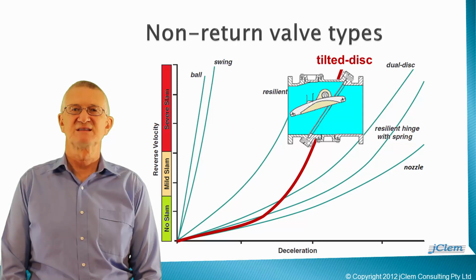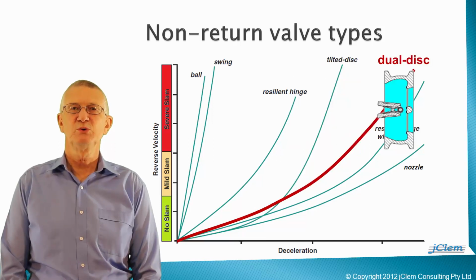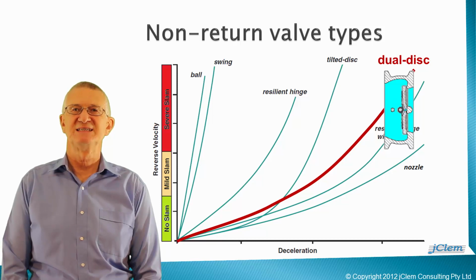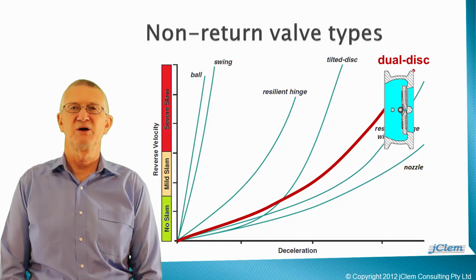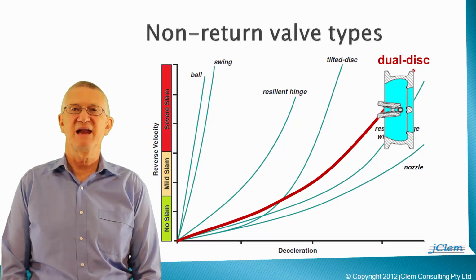The tilted disc design still uses a high moving mass, rigid gate. Placing the hinge partway down the body reduces the valve stroke compared to a swing check valve. Dual disc or duo check valves are 2 semicircular discs hinged down the middle with spring assistance behind both discs. Their advantage comes largely from the spring assistance.